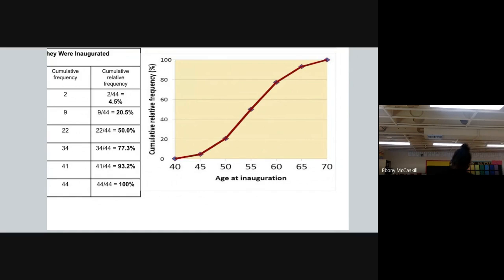So the first number starts from 40. From 40 to 45, well, 40 is 0. There's no one that was younger than 40. Then at 45, that's where you see your 4.5%.